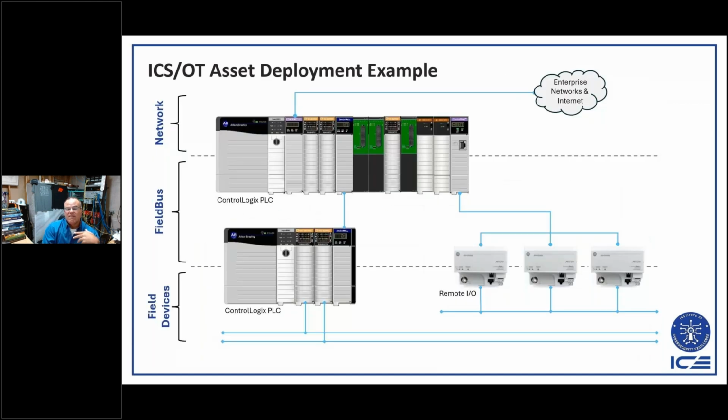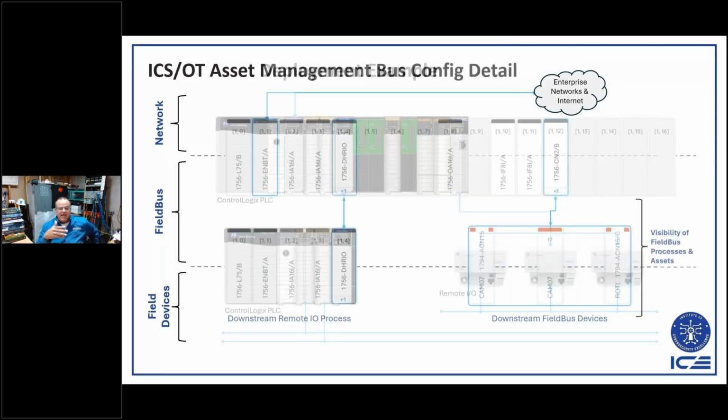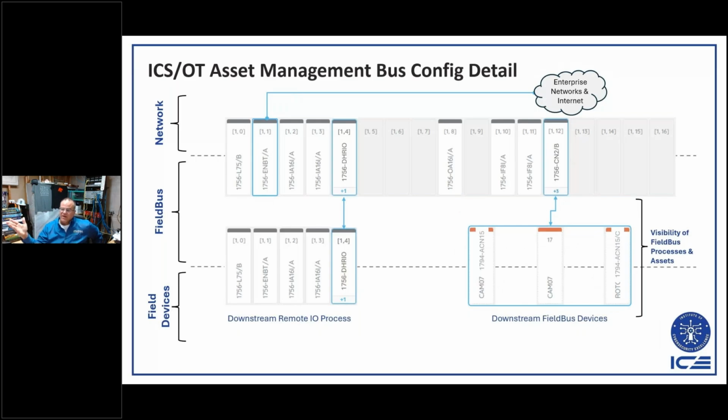And then now let's take a quick look at what that looks like digitized, right? So here's an asset deployment example. It's a Control-Logix. And then what does that look like inside the interface? Well, I have the real-time view of that bus, and then I'm able to see from the DeviceNet interface, that downstream PLC that's connected there, and I'm also able to see those Flex IO or those remote IO components.